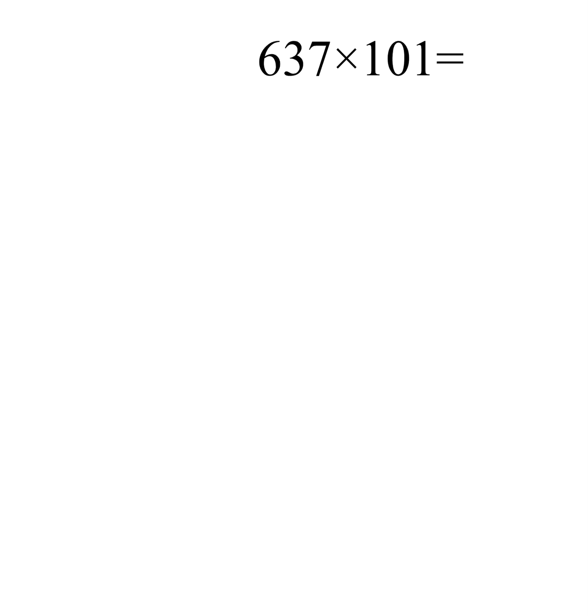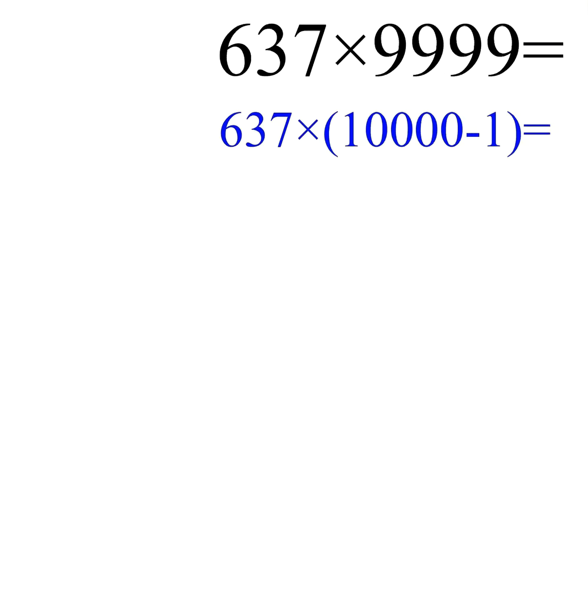Or here, we could write 9999, the four nines, as 10,000 minus 1. And then use the distributive property. You could do it as a practice. I'm not gonna do it here.